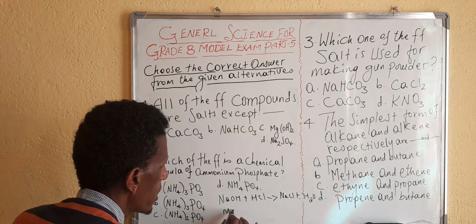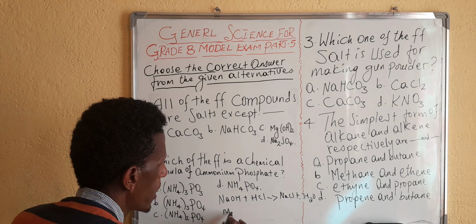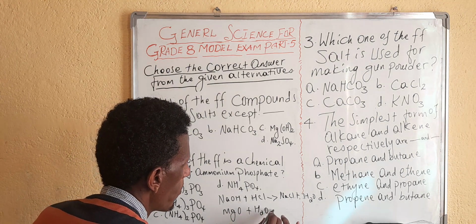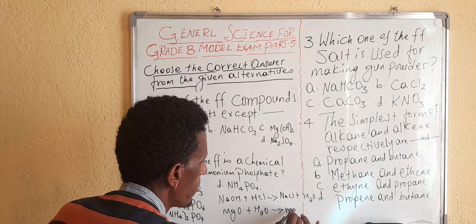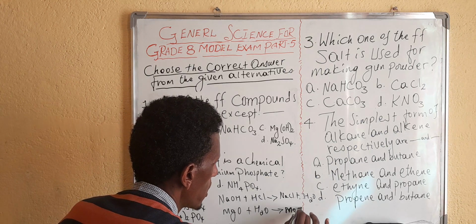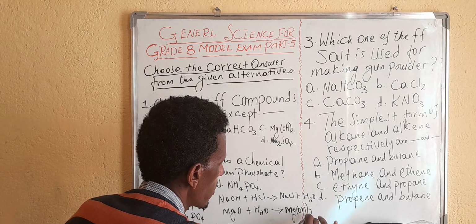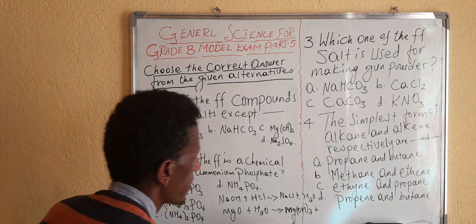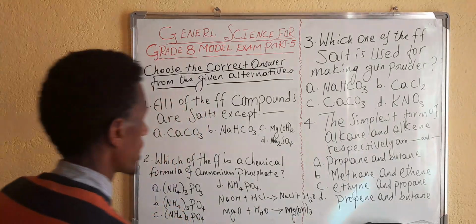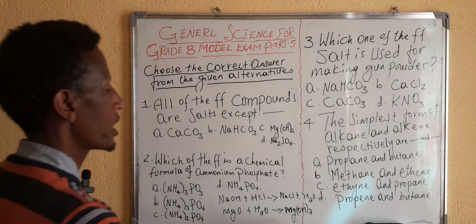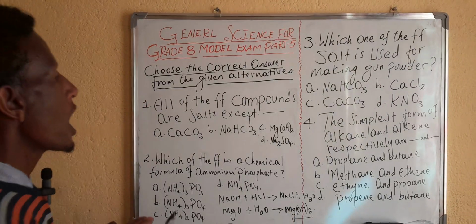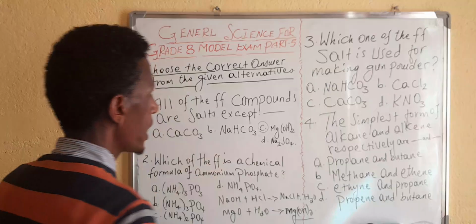Magnesium oxide plus H2O ምን ፎርም ያደርጋል? ማግኔዥየም ሃይድሮክሳይድን ፎርም ያደርጋል ማለት ነው። ይህን ኮምፓውንድ ነው። ስለዚህ ይሄ ደግሞ ቤዝ ነው ማለት ነው። ስለዚህ our answer is going to be C.